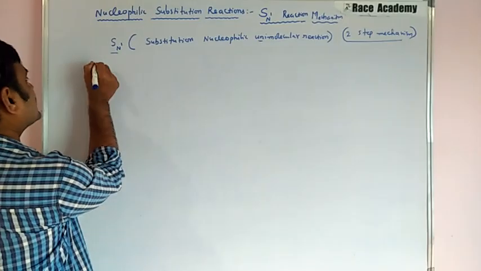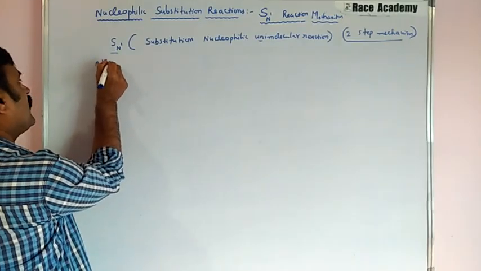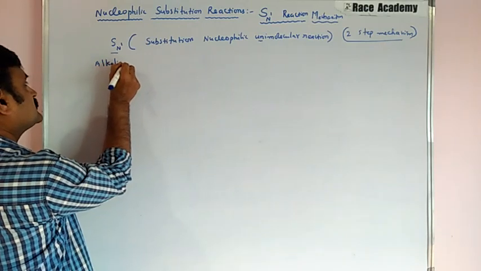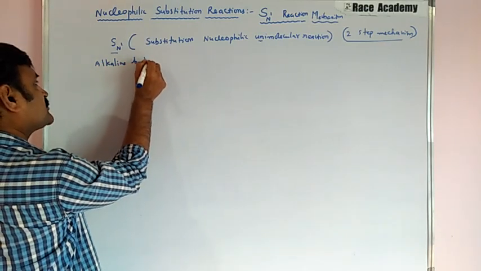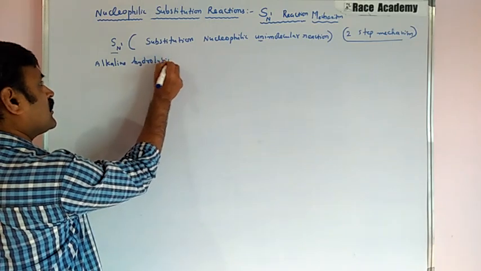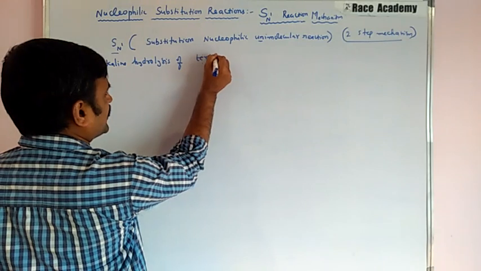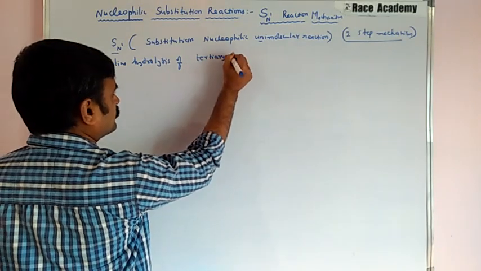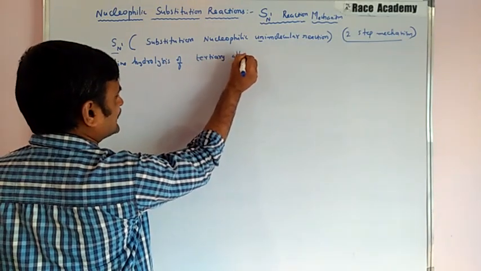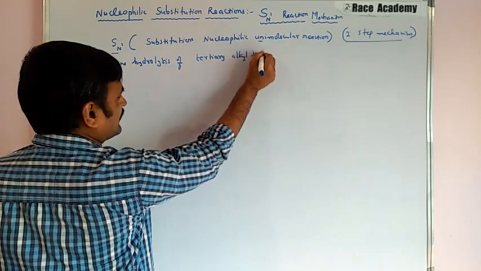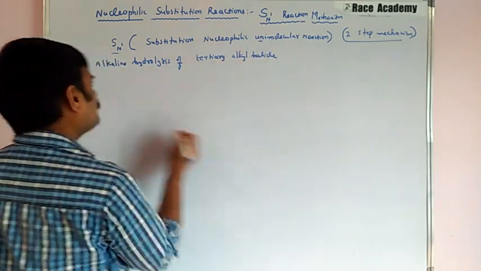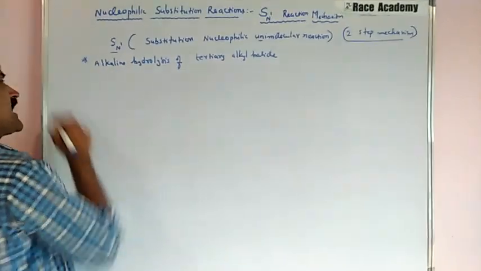So the example is alkaline hydrolysis of tertiary alkyl halides for the SN1 reaction.